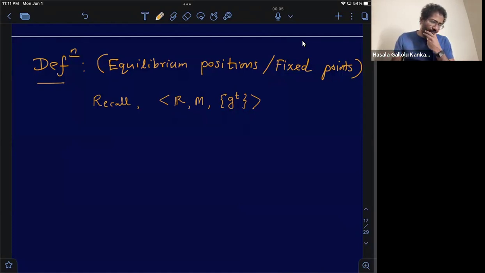So what would be a fixed point under this dynamical system, under this flow? Of course, you can write the definition, right? It is important to understand some of these. Most of this terminology would be natural.